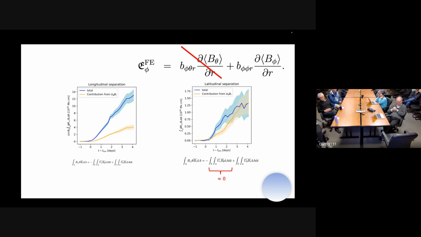So now this equation I'm more happy with because there's only one term left. This is the phi component of the EMF due to flux emergence, which corresponds to beta phi phi r times the radial derivative of B phi. And it's this EMF due to emergence which is producing Joy's law.